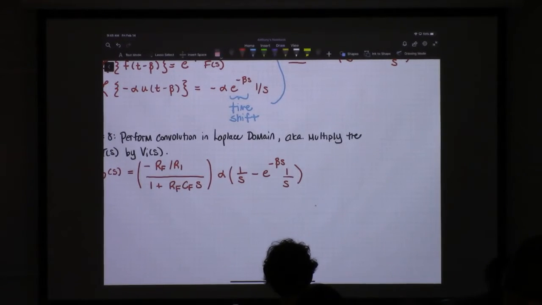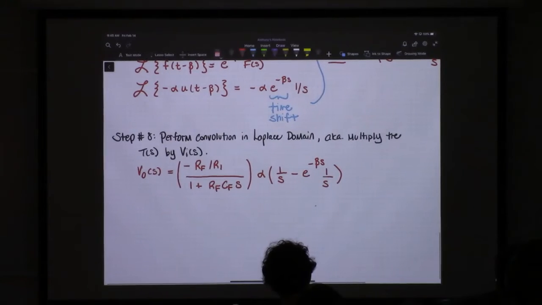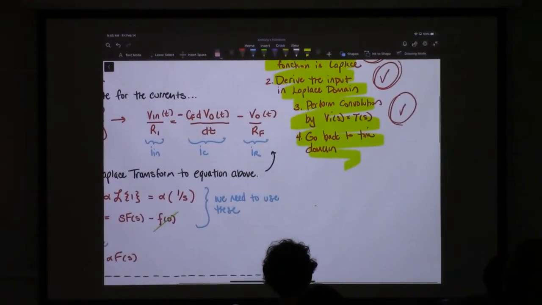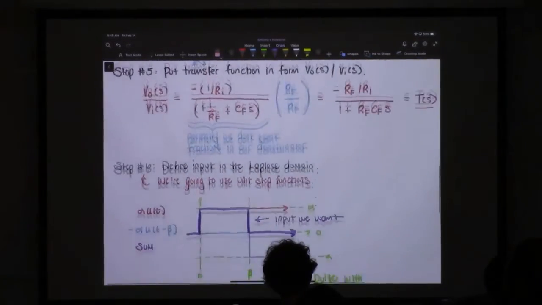Okay, so that's the starting point. So this is a huge chunk of it, so the convolution's done. That step's actually really easy because we just multiply.